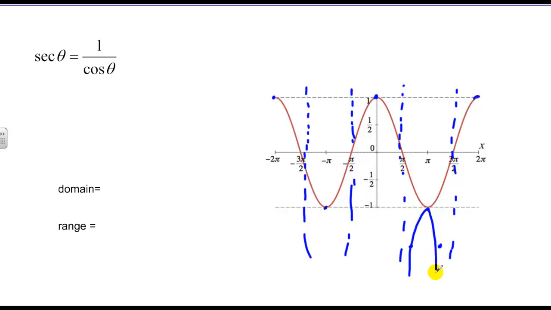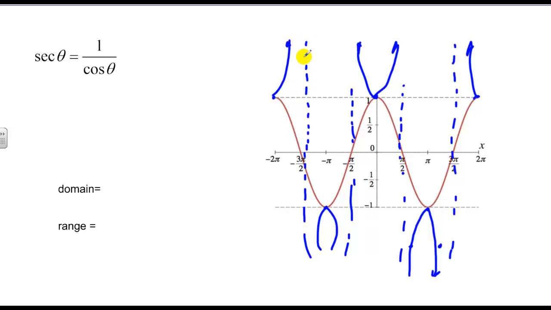So you'll notice that secant and cosecant look very similar, however, their asymptotes are going to be in different places. And if we want the domain of this, you'll notice again, -pi/2 is a distance of pi between them.